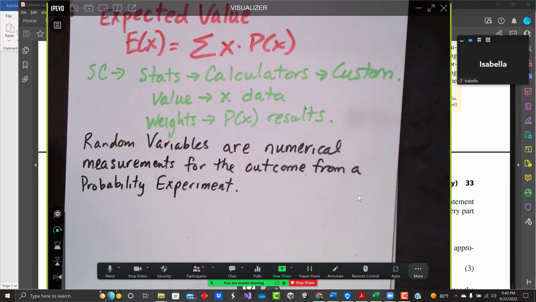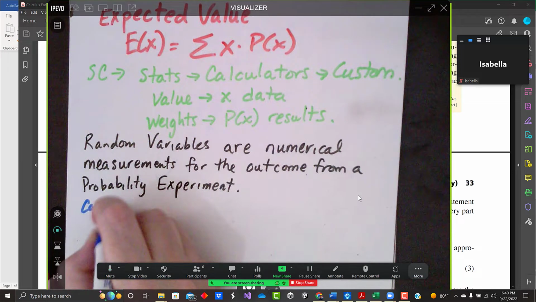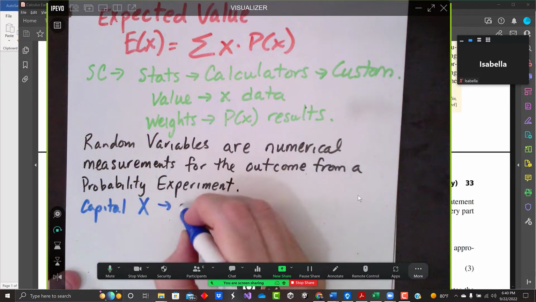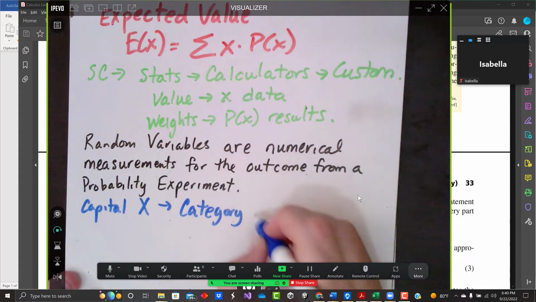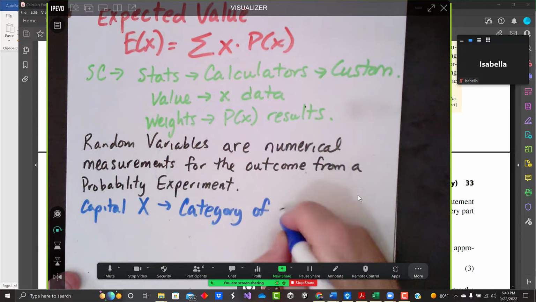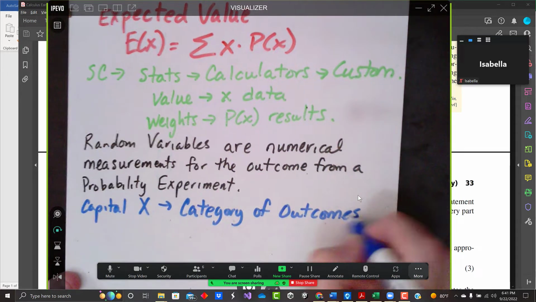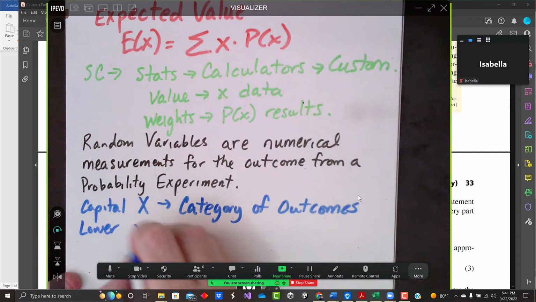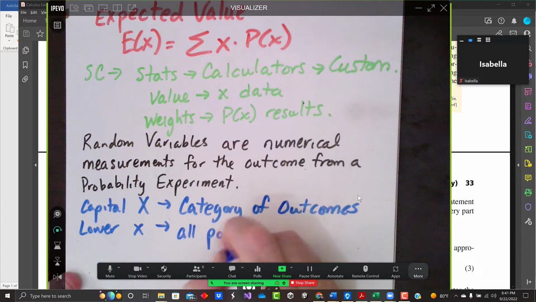We usually use capital X, big X, for the category of outcomes. And little x, lowercase x, is all the different possible numerical outcomes.